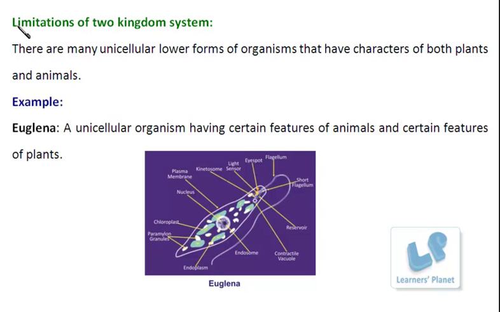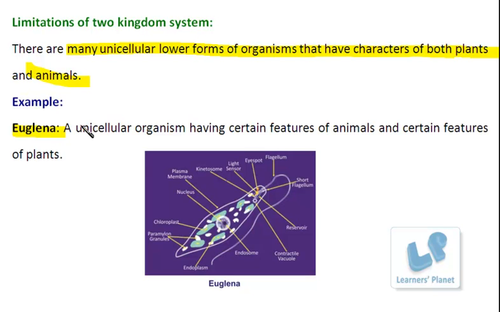The important limitation here is that many unicellular lower forms of organisms have characteristics of both plants and animals. So now it becomes quite difficult to decide in which group they have to be placed. For example, Euglena.